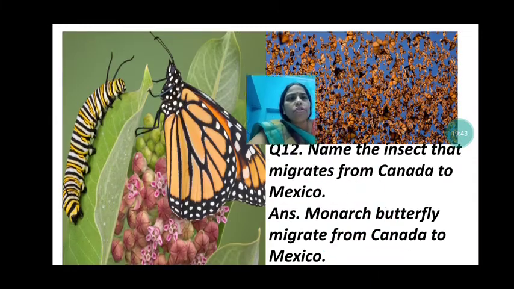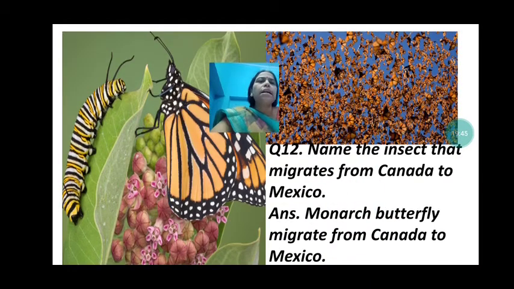Then the next question is, name the insect that migrates from Canada to Mexico. The insect which migrates from Canada to Mexico is the monarch butterfly. Monarch butterflies have been known to travel more than 3,000 kilometers during migration.